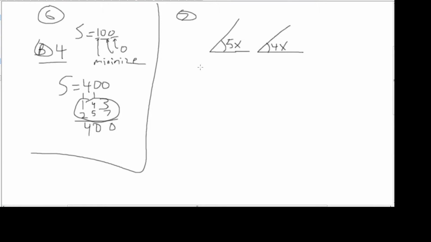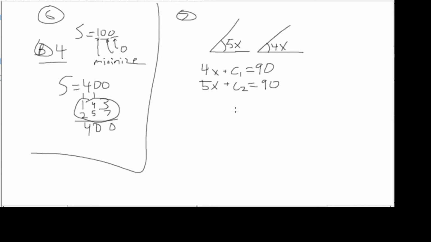So that means 4x plus, let's say, complement sub 1 is equal to 90. And 5x plus complement sub 2 is also equal to 90.